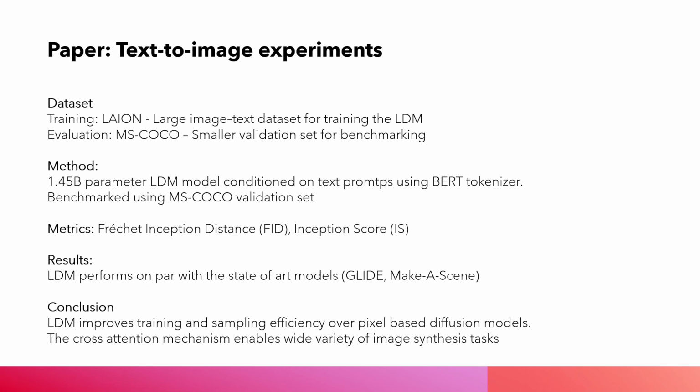In the end, the result for text-to-image generation showed that LDM performed on par with other state-of-the-art models such as GLIDE and Make-A-Scene. The overall conclusion was that latent diffusion models improve the computational efficiency compared to pixel-based diffusion models, and that UNets in the latent space enable a wide variety of image synthesis tasks as shown earlier.